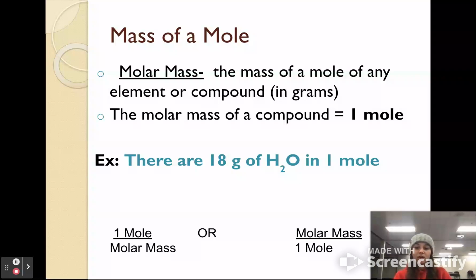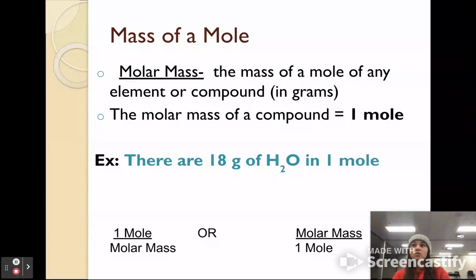They can be written below. So I can either put moles over the molar mass or molar mass over the mole for my conversion factors. The reason being is because my molar mass is equal to my mole. So it's not always going to be the same molar mass, right? If I ask you for the molar mass of H2O, you're going to calculate it's 18 grams in 1 mole.